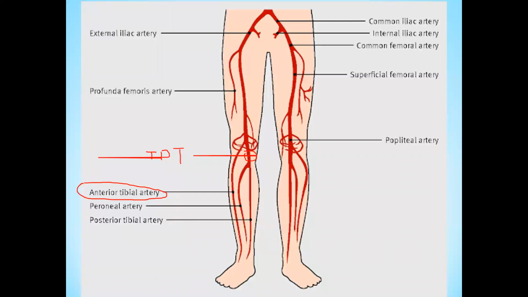The deep venous system has the same names, but there is a bit of variation, and there is more variation in the venous system as compared to the arterial system.